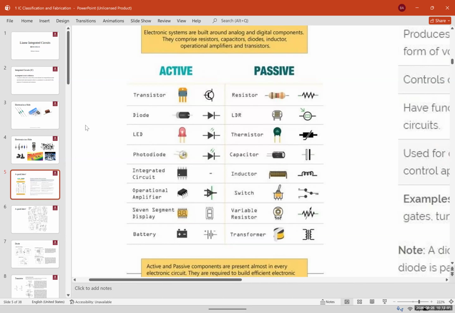Now, some examples of passive elements are resistors, thermistors, capacitors, inductors, and transformers, and so on. LDRs are light detecting resistors, and what they do is when you shine light on them, the resistance inside of it would change. I would show you some of these in the lab.